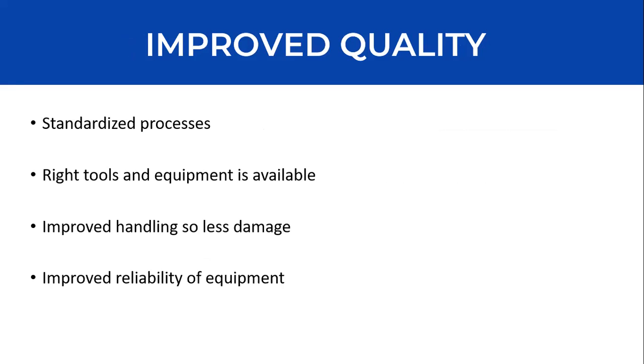Another big benefit of 5S is that it improves quality. You have standardized processes, the right tools and equipment are available, there's improved handling, so there's less damage, and improved reliability of equipment. So when you have things laid out very well, you have visual management, you implemented the 5S, it's just a whole lot easier to do things.